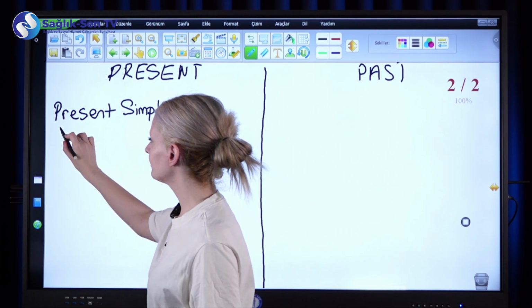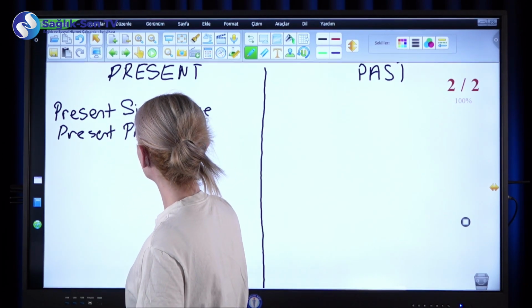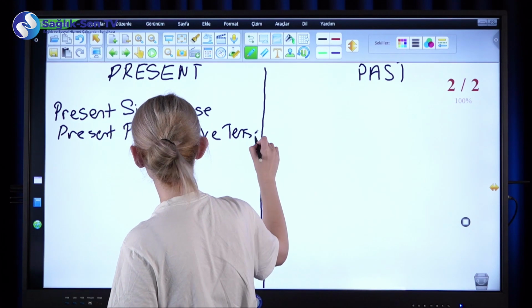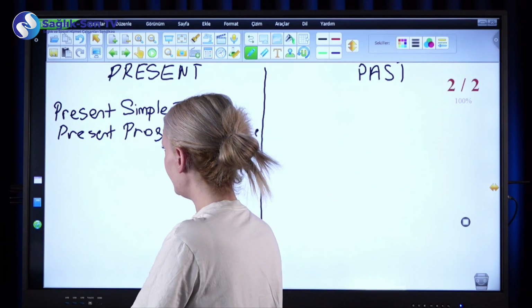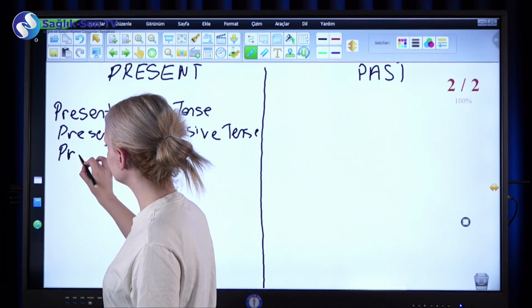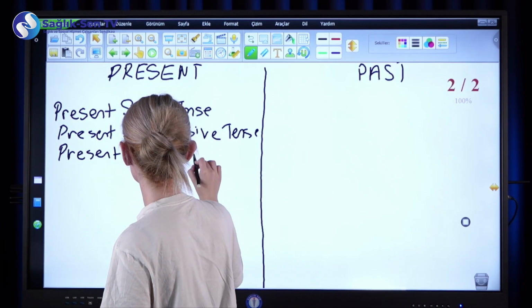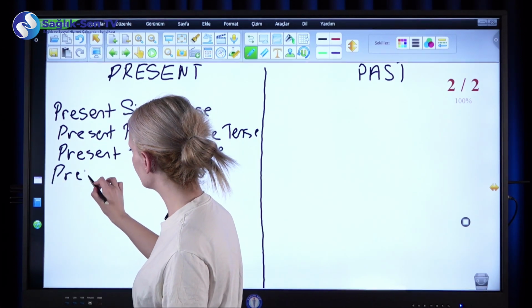Next, we have present progressive tense, or as we may call it, present continuous. Then we have present perfect tense. Also, the present perfect progressive.